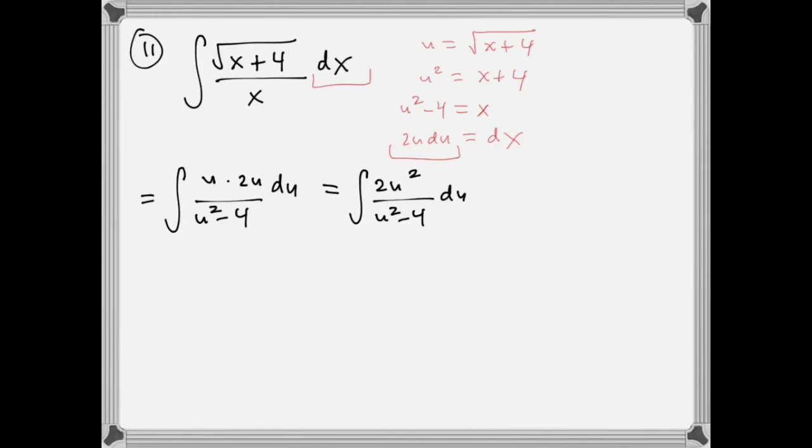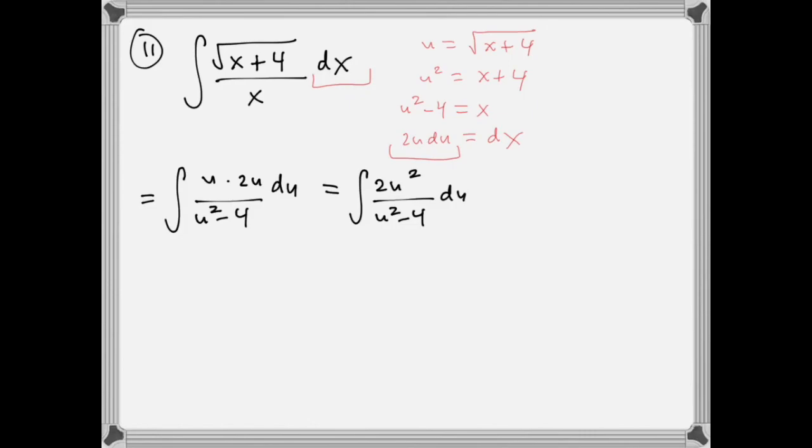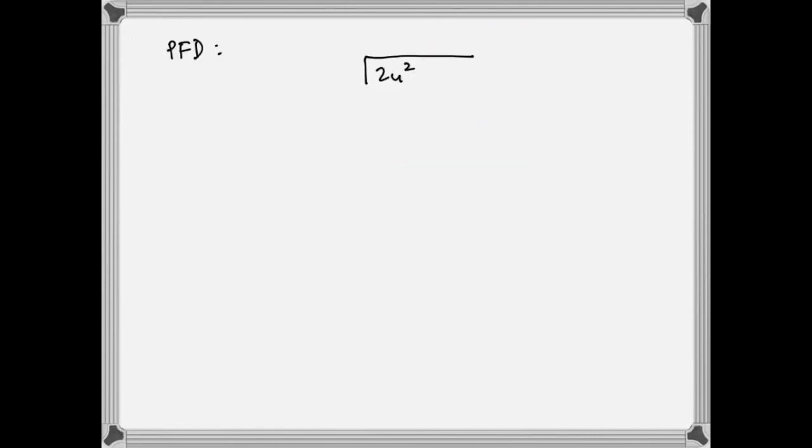So to do this problem, though, I am going to do the long division first. So partial fraction decomposition. Remember, we have 2u squared over u squared minus 4. So 2u squared divided by u squared minus 4, right? When I divide this, I end up with a 2.